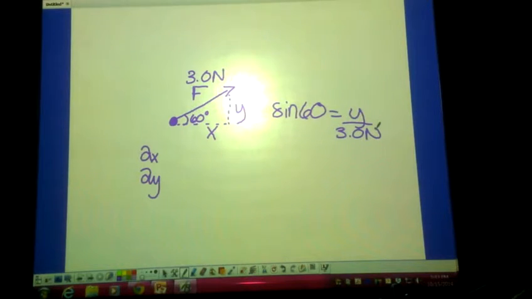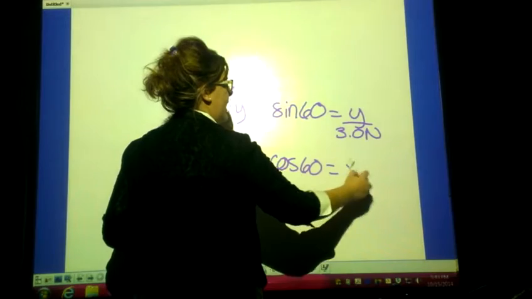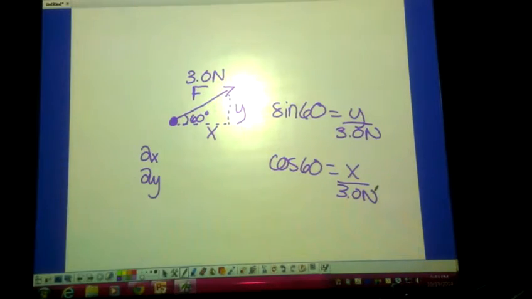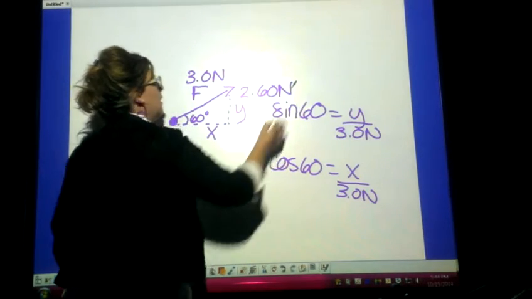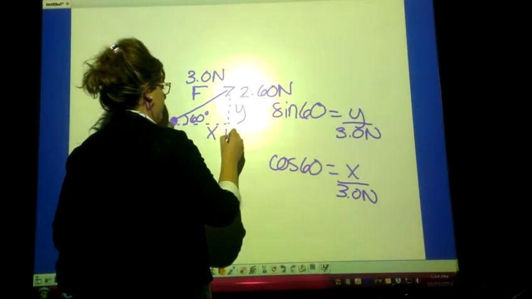And then I could say the same thing for x, because cosine 60 is going to be equal to x over 3 newtons. So then I would know the force component in the x, and the force component in the y. So sine 60 times 3, 2.6? And then cosine 60 times 3 would be 1.5.